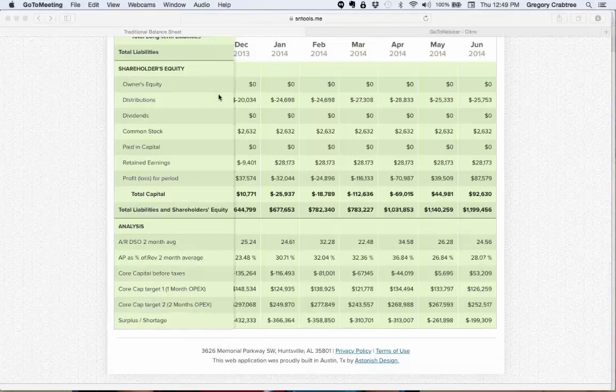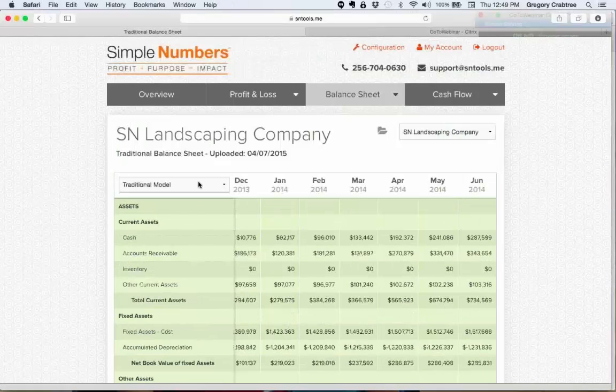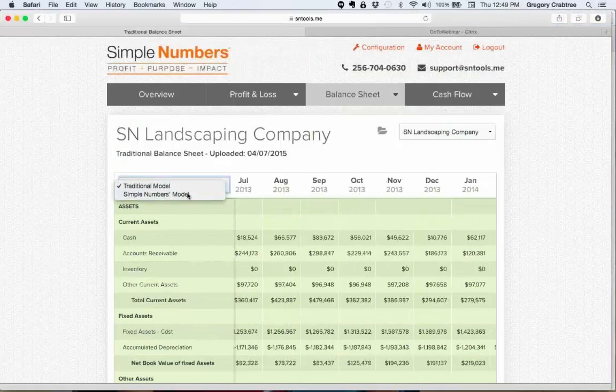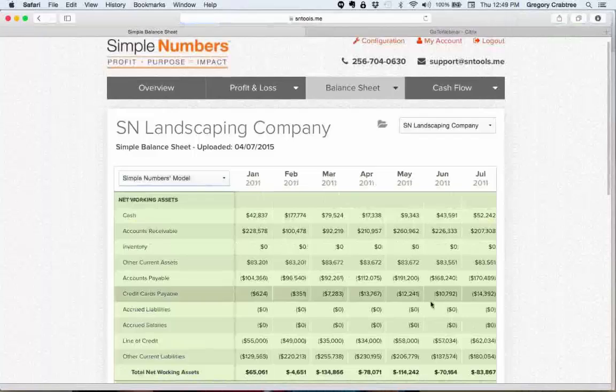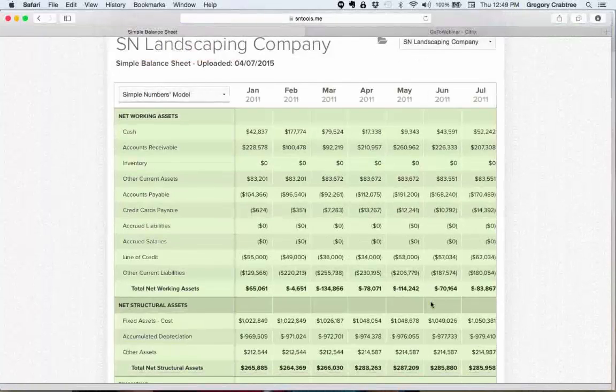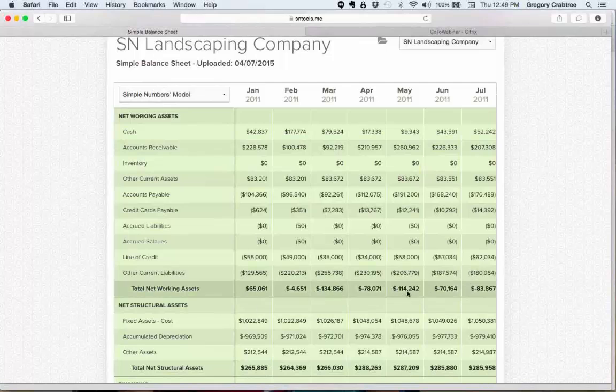And then let's see. So we also have another version of the balance sheet we call the simple numbers balance sheet. And I was playing around with this as a different way of looking at the balance sheet. If I really look at a balance sheet as like a cash flow statement, what I would do is I would take all of my current assets and liabilities and come to what we call net working assets.